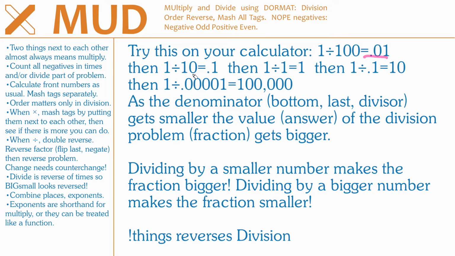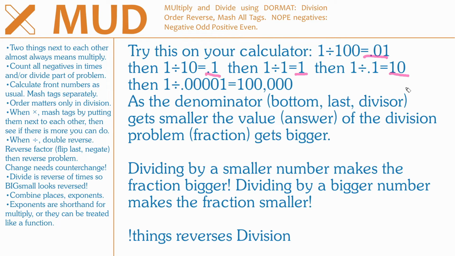Now 1 divided by 10, it's a smaller number, but notice the answer gets a little bigger. Now 1 divided by 1. 1 is smaller than 10, but notice the answer gets still bigger. Now make it smaller. We've gone from 100 down to 10, down to 1, down to 0.1.